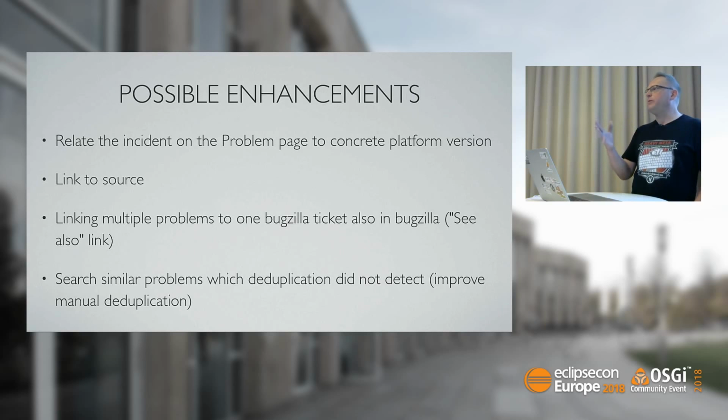On the problem report I see just one representative and all the possible platform versions in which that occurred, and I could not relate it directly to the platform version. So I have to go to the incidents page, select one incident, see the version there, and it would be better if this would be just information on the first page.